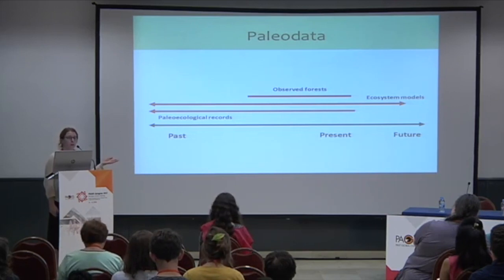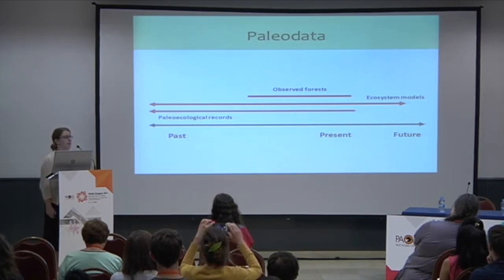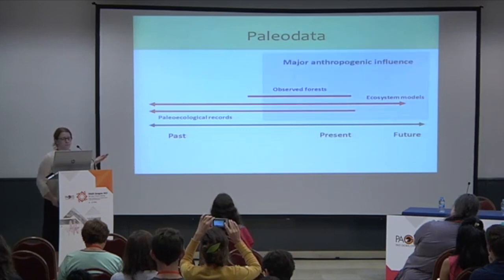So we need a point in time for which we have both data types. So that is now. But we know that the pollen-vegetation relationship depends on forest structure and other forest characteristics. And there has been research that shows that the pollen-vegetation relationship has changed as humans have modified the landscape.